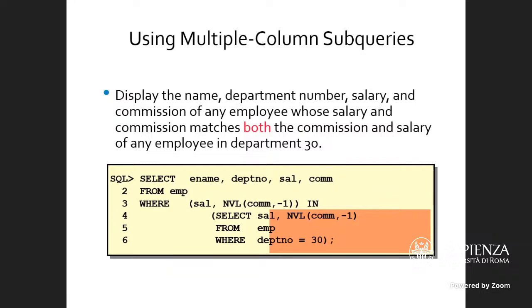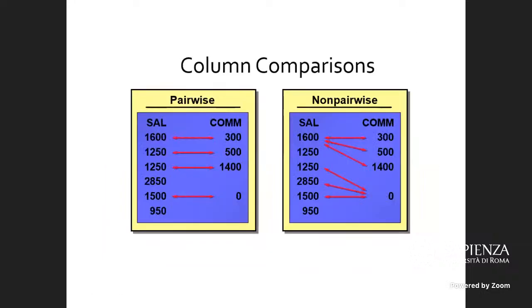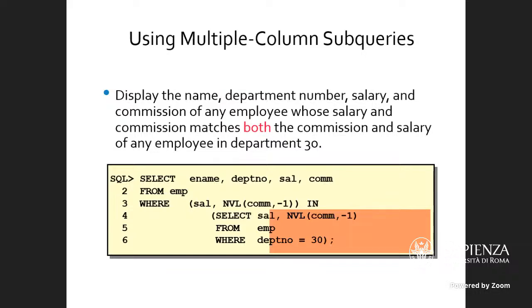So what happens when you do something like this is you have column comparisons. You understand? It's going to compare on column levels. The salary is going to compare salary to salary. It's going to compare commission to commission, and then it's going to match them. And then afterwards, we get our own result set.